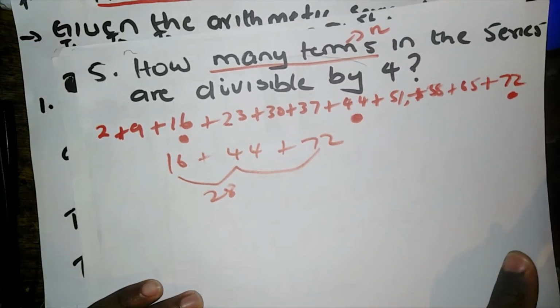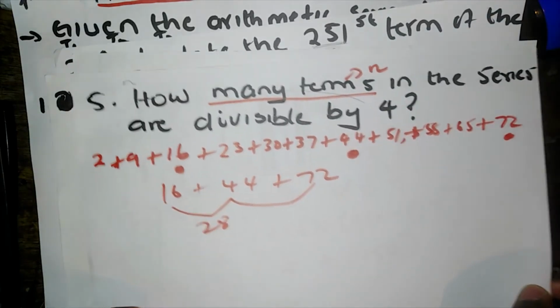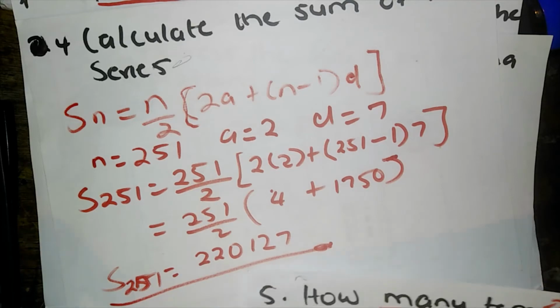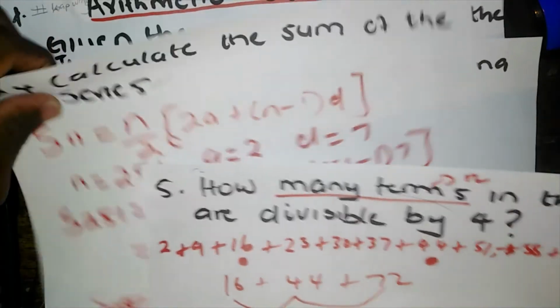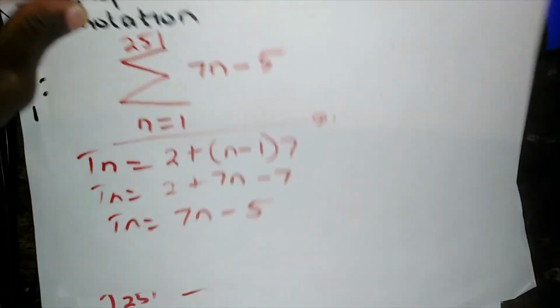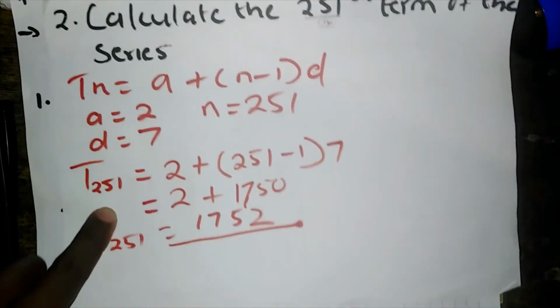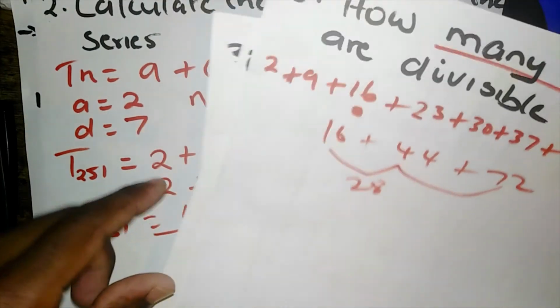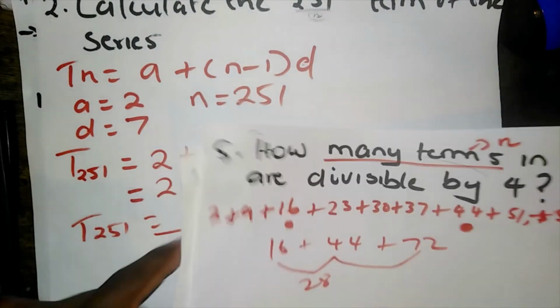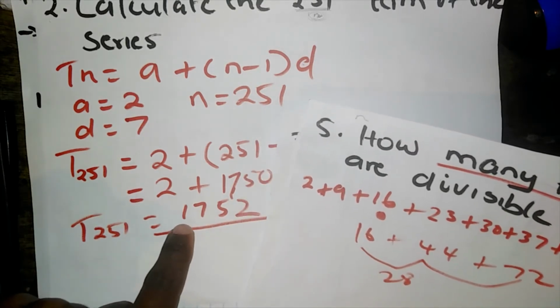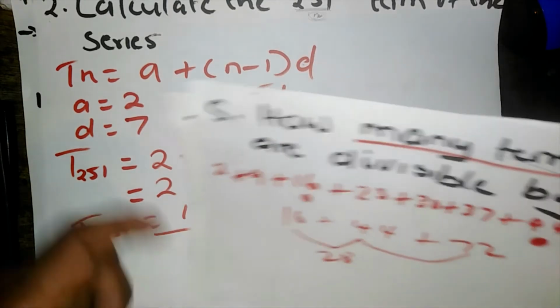So here we know it's calculated. The last term is 1,752.